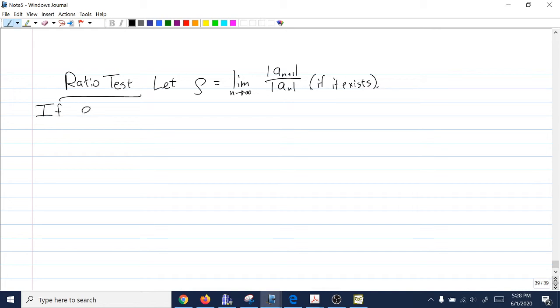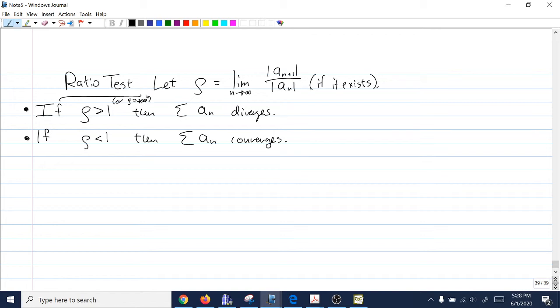If rho is bigger than 1, then the sum of a_n diverges. You are like a geometric series with a common ratio that is bigger than 1, so you diverge. If rho is less than 1, then the sum of a_n converges. If the limit equals infinity, that counts as bigger than 1.